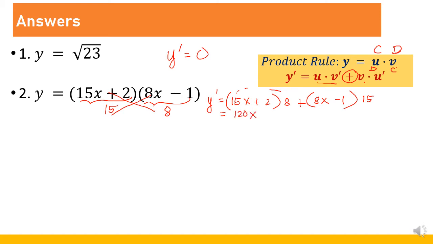Okay. And then plus 16. Then again here you have 120x minus 15. So the final answer here, combining similar terms and the constant, gives us 240x plus 1.